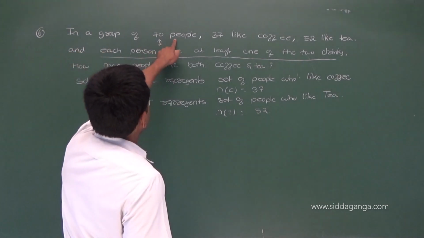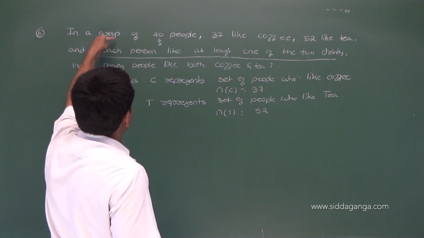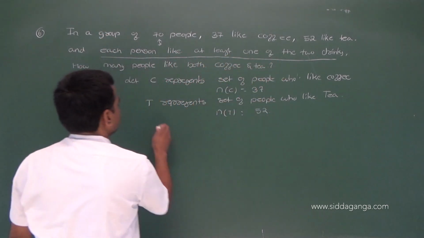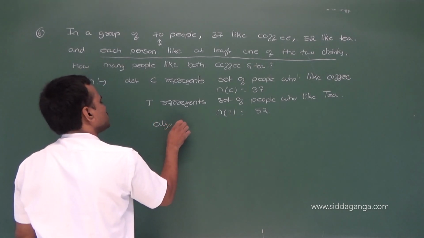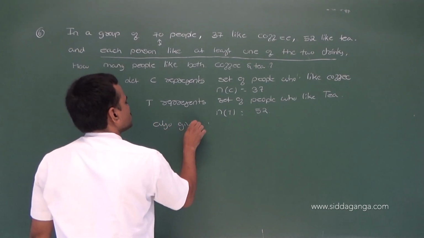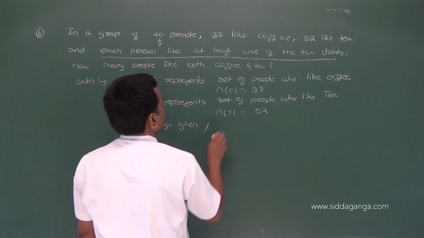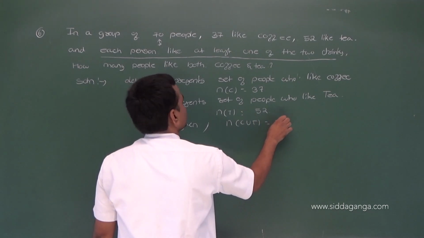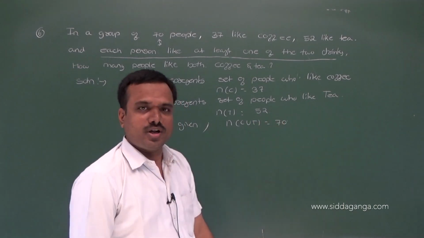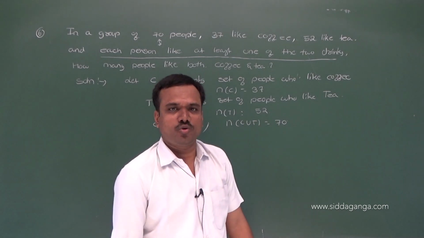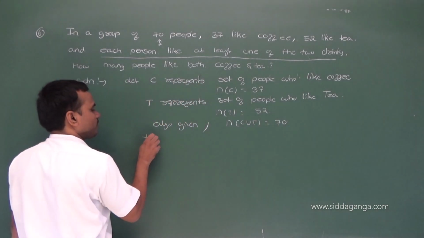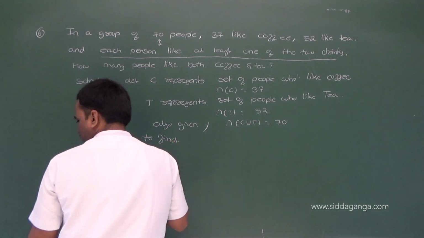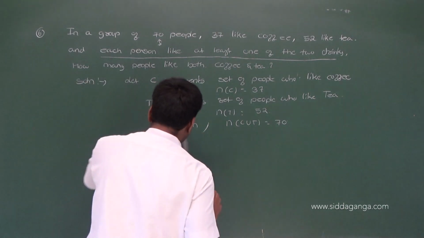In a group of 70 people, each person in this group likes at least one of the two drinks, which is also given. Also given, n of C union T is equal to how much? 70. Correct? To find, first we represent the set.